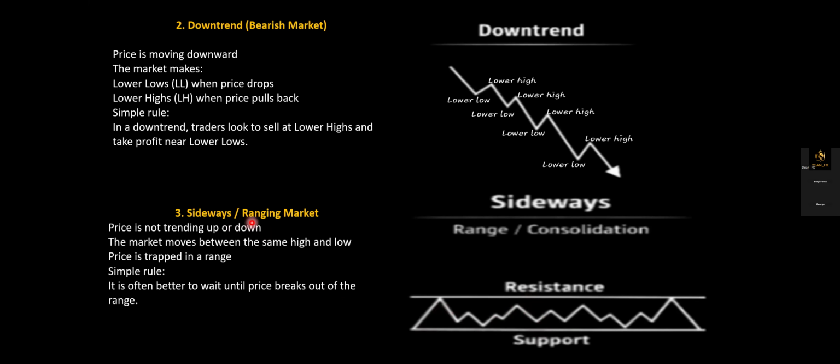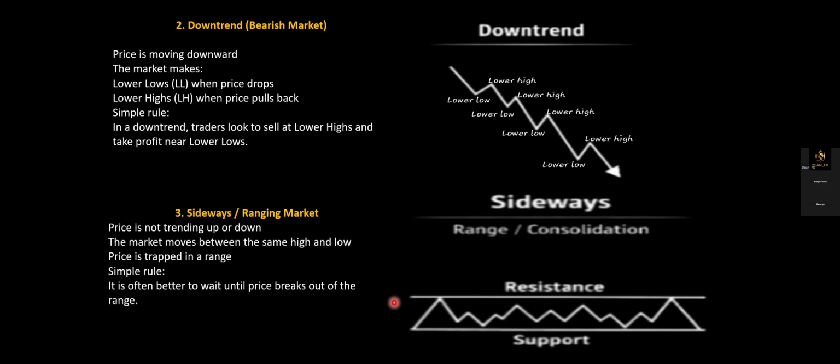Usually it is advisable that we don't trade at the resistance or support of a ranging market, because there is a lot of liquidity and a lot of manipulation, whereby market movers or big institutions place orders just to manipulate small traders, those are retail traders.